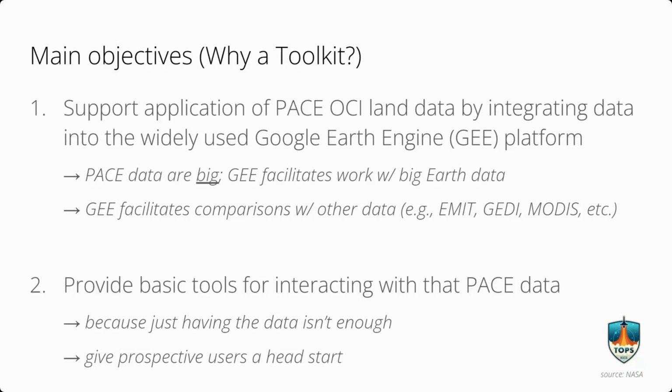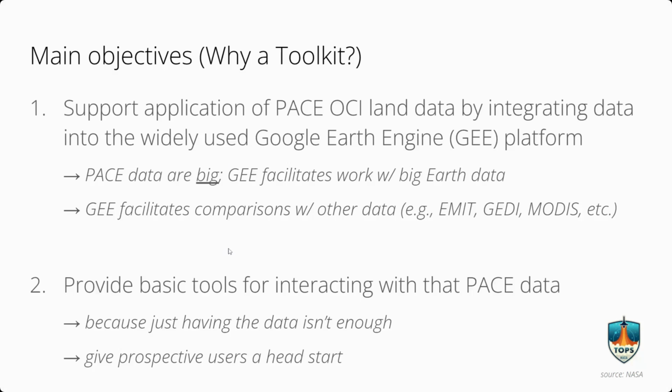And the other reason for having it in Earth Engine is there's other types of data that's already loaded into Earth Engine, whether you're working with Sentinel data, Landsat data, GEDI LiDAR data, MODIS, other hyperspectral data like EMIT and Hyperion, it's already there. And so by loading the PACE data into Earth Engine, we could put that all together.